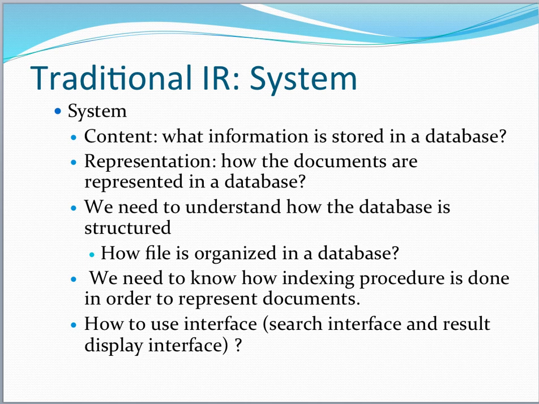How the file is organized in a database, and if you go back, we talked about that before. We need to know how the indexing procedure is done in order to represent documents, and of course, think about an index. The most basic index is what we call the back of the book index.